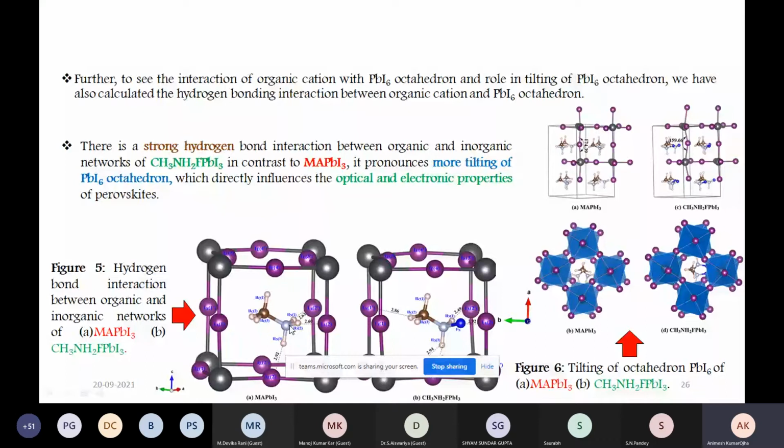But in the second one, the newly designed case, the hydrogen bond formation is more. It forms more hydrogen bonds with the inorganic part, and therefore the stability is enhanced.